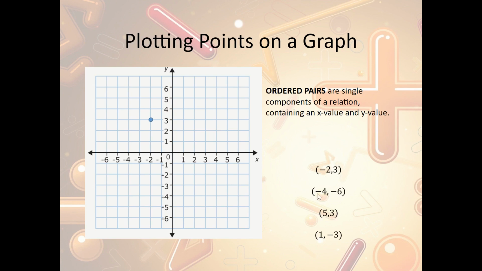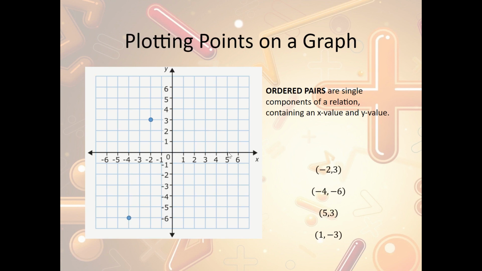Then we have -4, -6. Well, -4 on my x-axis, so I'm going to go find -4 on the x's, right there. And then -6, so I'm going to go down and find -6, which is here, and plot that point. Then I have 5, 3. So x is 5, so I'm going to go find where x is 5, which is here.